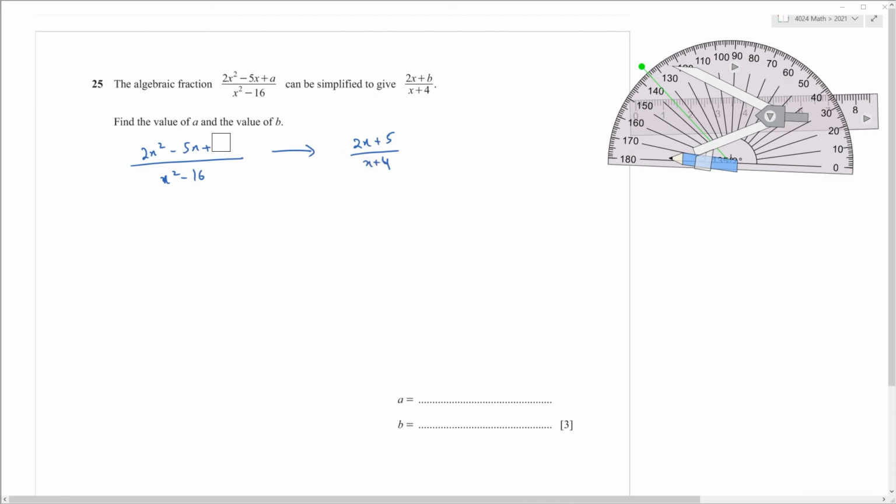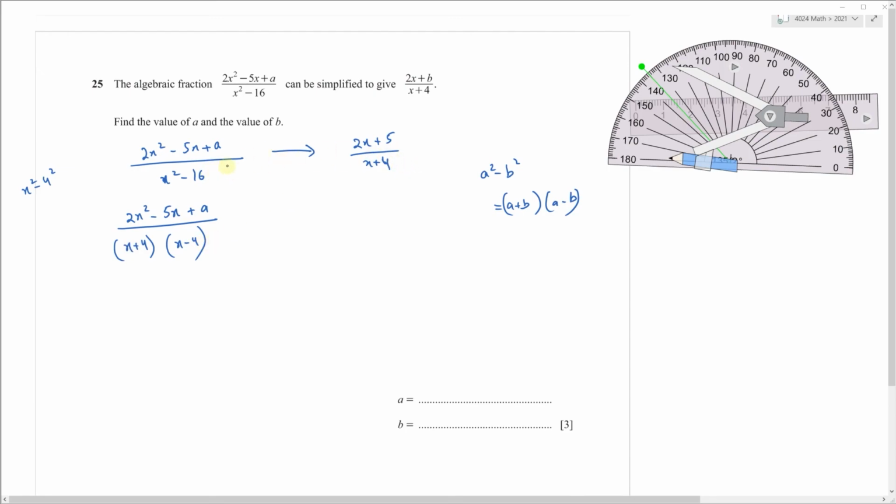So let me explain. So if I rewrite this term here, 2x square minus 5x plus a, and this is a square minus b square equals a plus b into a minus b. So I'm using that. I can write x square minus 16 as x square minus 4 square. So this will give me x plus 4 into x minus 4. So in the denominator here, only the term x plus 4 is left. x minus 4 is absent here.